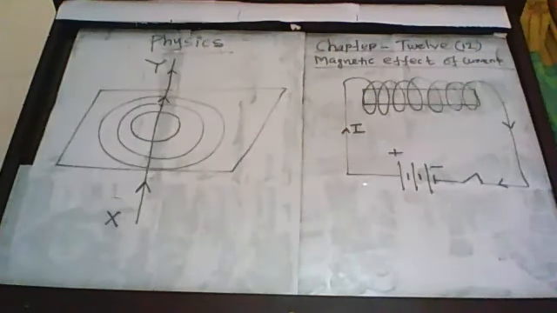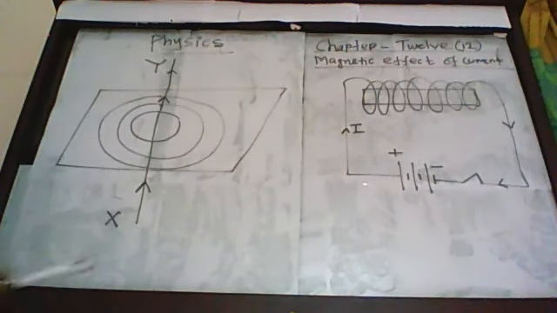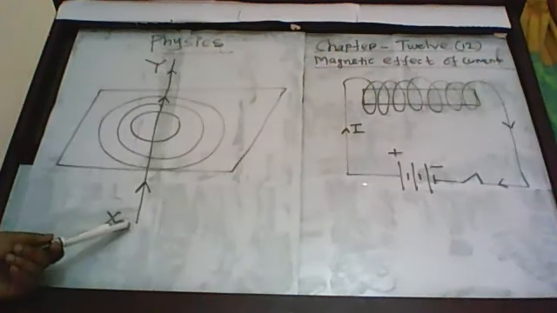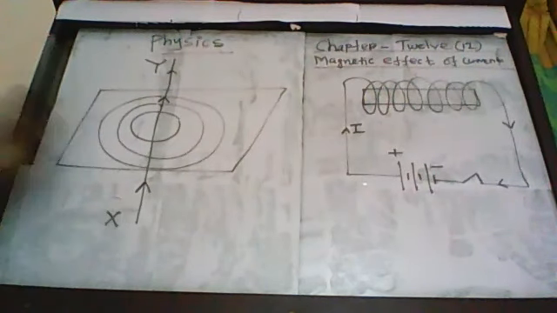This indicates that when electricity passes through any electrical wire, this electrical wire can create a magnetic field around it.